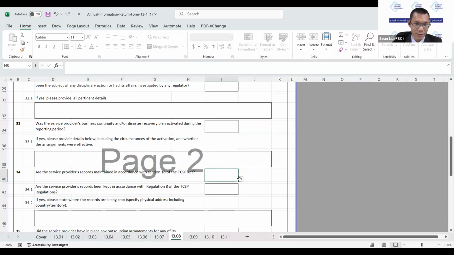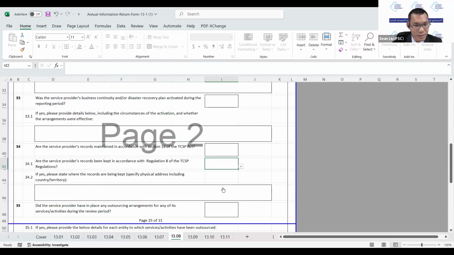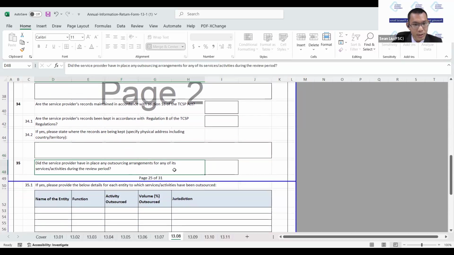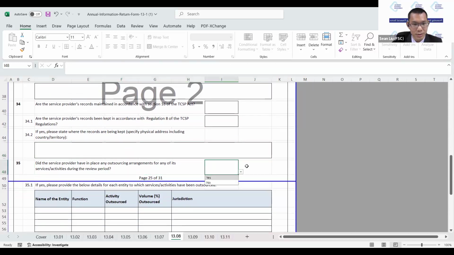Again, we ask whether or not you've maintained your records in accordance with Section 16 of the TCSP Act. We ask if you kept records in accordance with Regulation 8 of the TCSP regulations. We ask where you keep your records, like the physical address of the country or territory. And we ask whether or not you have any outsourcing arrangements.